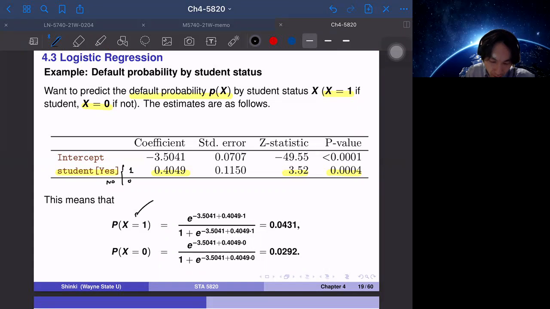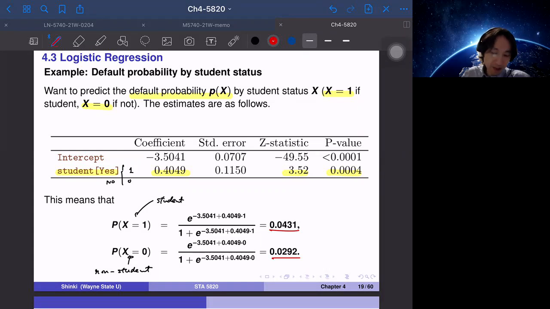If a student, the default probability, within some certain period, is 4.3%. If not a student, 2.9%. So the difference is about 1.4%. So you can really see and interpret the result.